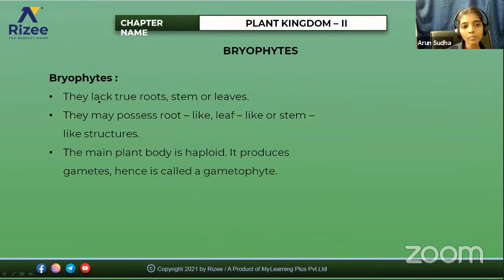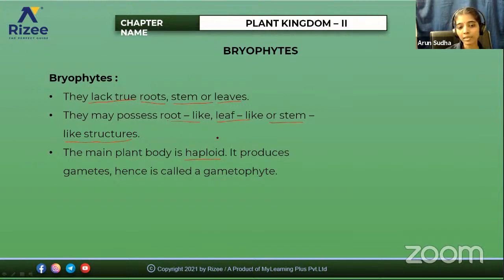These bryophytes lack true roots, stem, or leaves. They don't have any true roots for absorption or a proper stem or leaves. But they may possess root-like, leaf-like, or stem-like structures. This is one of the main features of bryophytes. The main plant body is haploid. What do you mean by haploid?